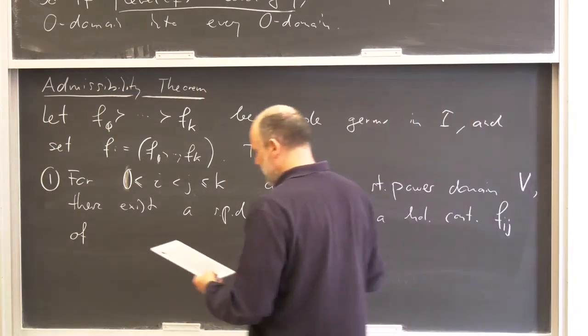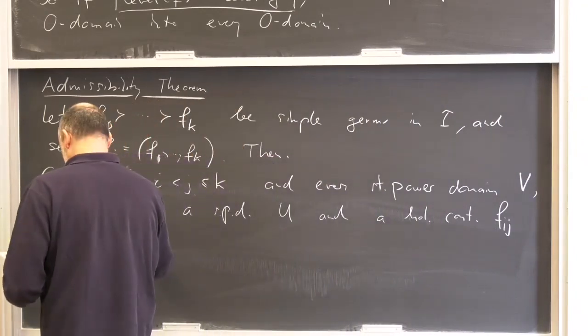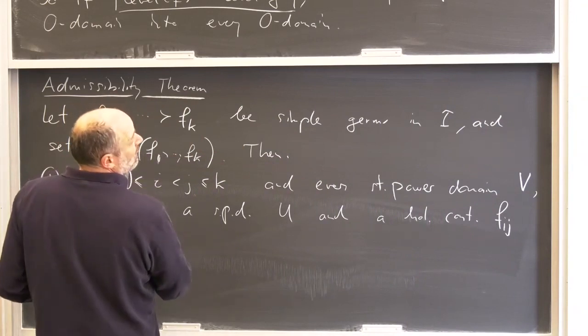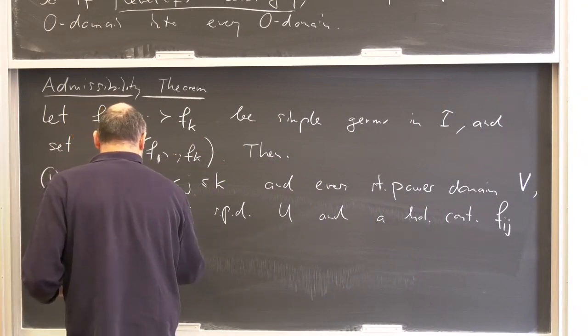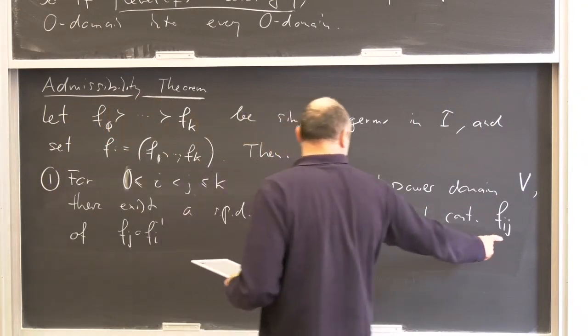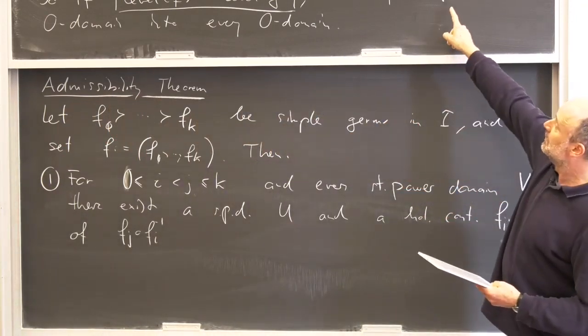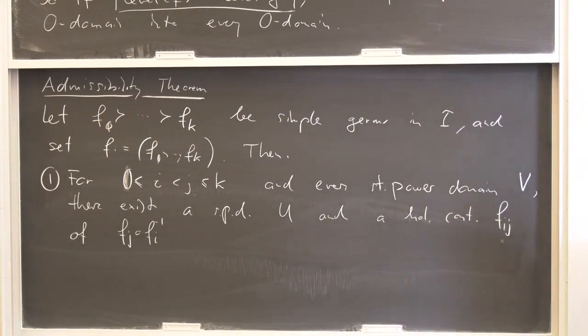So I should look at F_j composed with F_i inverse. So this is the holomorphic continuation of that one, which we obtain like in this special case.